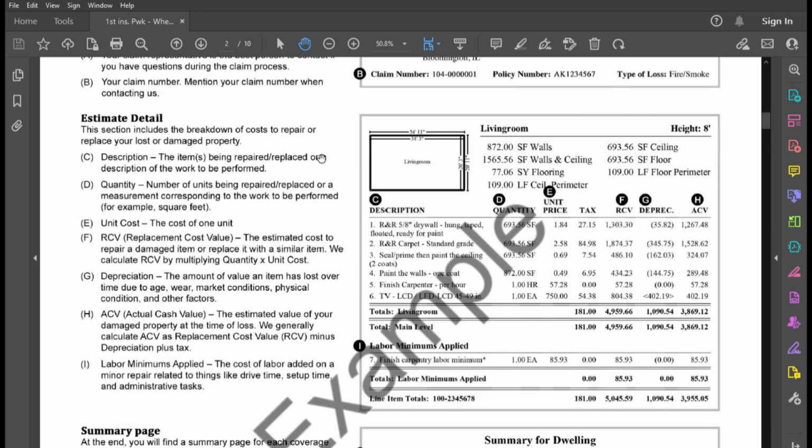Now, like I said, your estimate details, you can certainly dig into it. You can get into every single line, but you just don't really need to. I'm going to go ahead and explain to you exactly what this is and how to read it and why they do it the way they do it. But again, your cost as the homeowner should be your deductible.